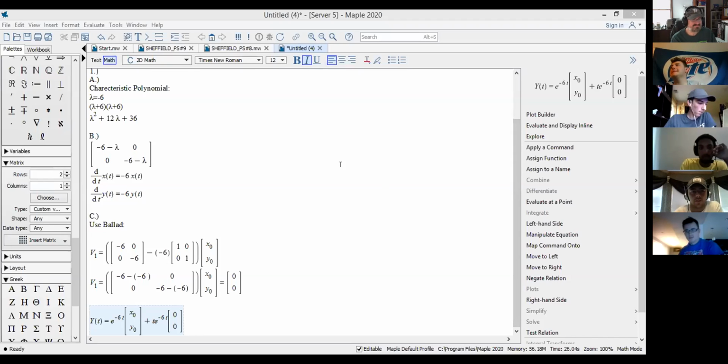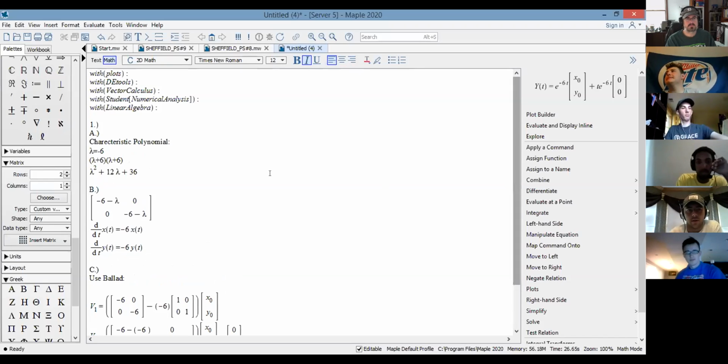Okay, so initially we were given what lambda equaled, and lambda equaled -6, and for part A, we were required to find a characteristic polynomial. Since this was a repeating eigenvalue, as it's technically called, we set lambda plus 6, lambda plus 6, and we were able to derive our characteristic polynomial, which was lambda squared plus 12 lambda plus 36. Then the next step, they wanted us to come up with our differentials.